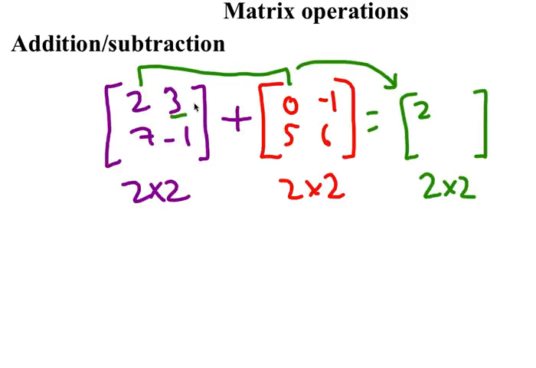Then we go to row 1, column 2, which came from 3 plus -1. Then you just keep matching corresponding entries. 7 plus 5, 12. Easy. -1 plus 6, also easy. 5.